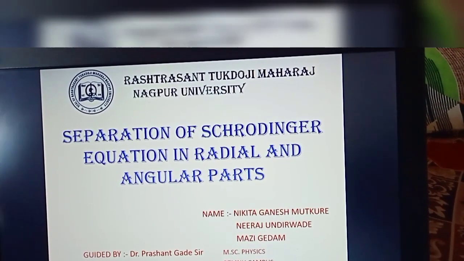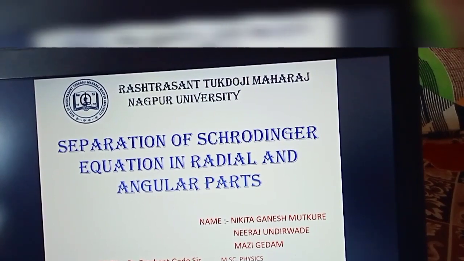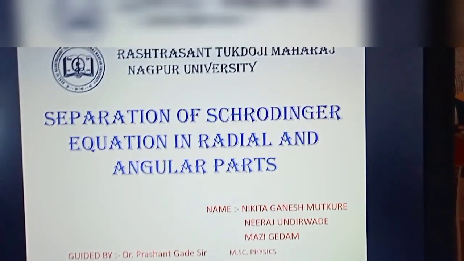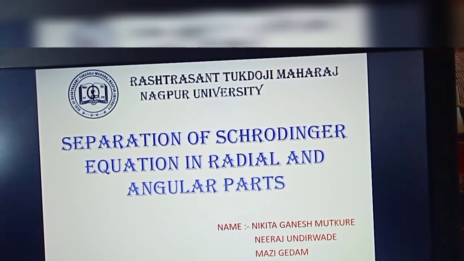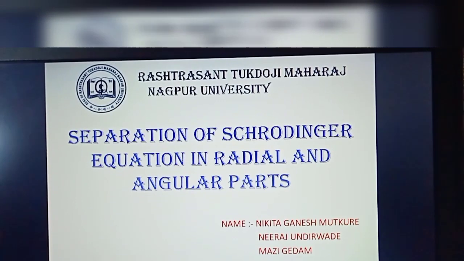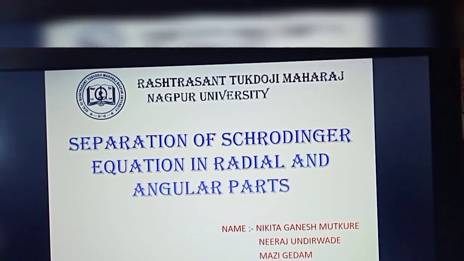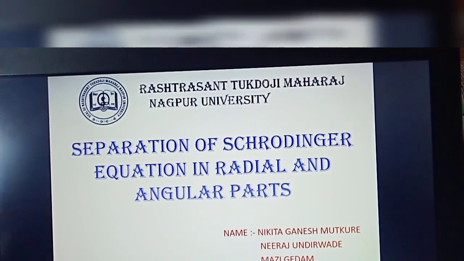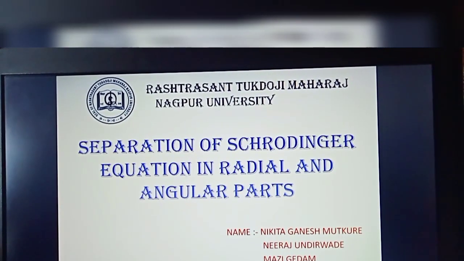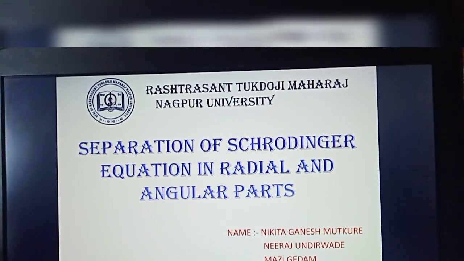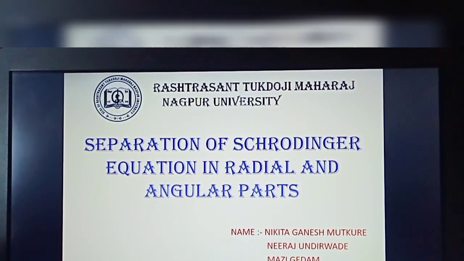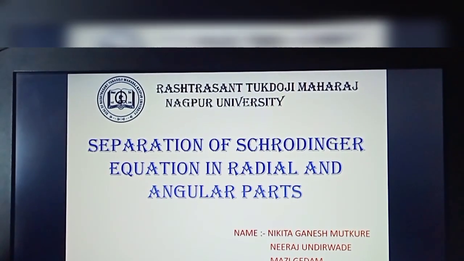Then let's get started. First of all, we need to know about Schrodinger equation. What is Schrodinger equation? The Schrodinger equation is a fundamental linear partial differential equation that governs the wave function of a quantum mechanical system. It is a key result in quantum mechanics, and its discovery was a significant landmark in the development of the subject.